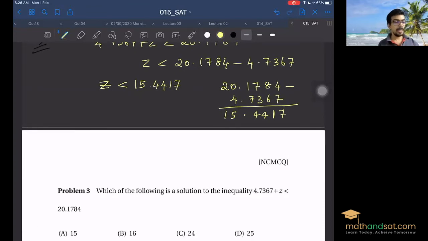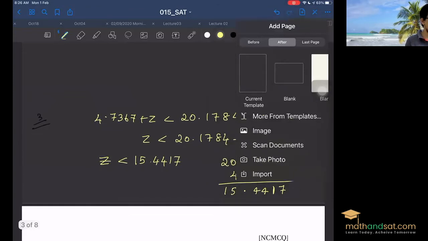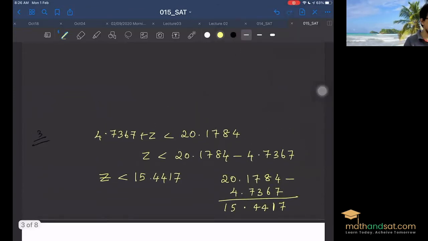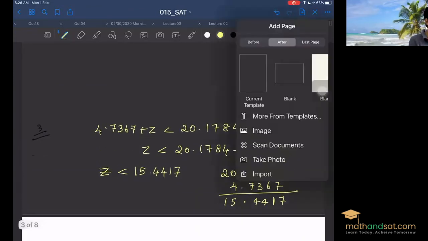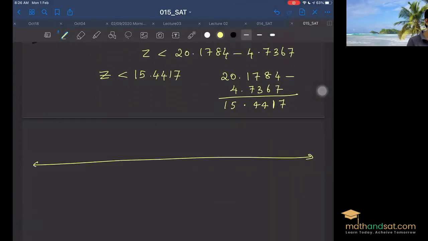Now let's try to understand the solution geometrically, I mean, on a graph, a number line. On the number line, you have 0 somewhere here. Say you have 15, 16, 17, 18, 19, 20.